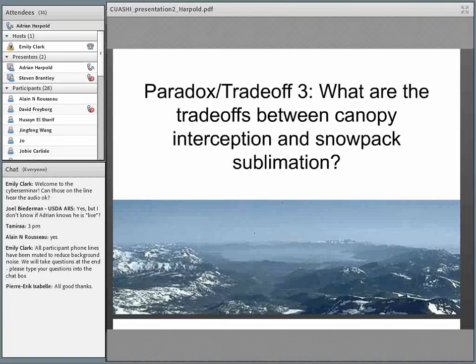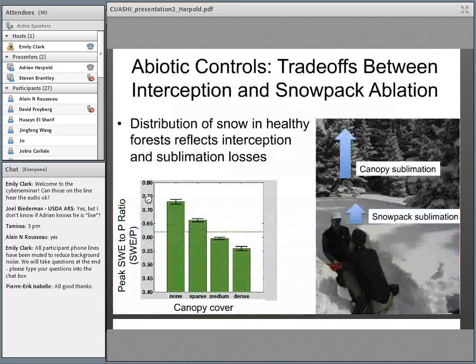Another area that we've spent quite a bit of time thinking about is trade-offs between canopy interception and snowpack sublimation. Those of you who have walked around in a snowy forest will recognize a picture like this. You get a snowstorm, snow is left in the forest canopy, and that snow sublimates or in some cases evaporates, and that is a major control on how snow is distributed in a healthy forest.